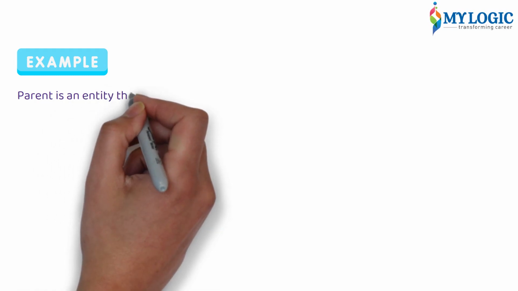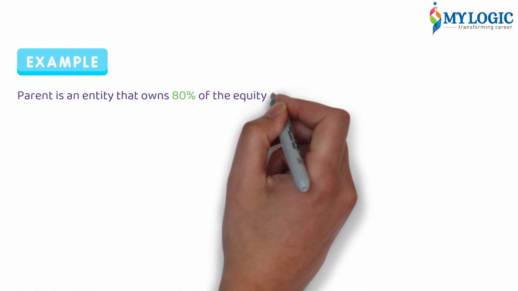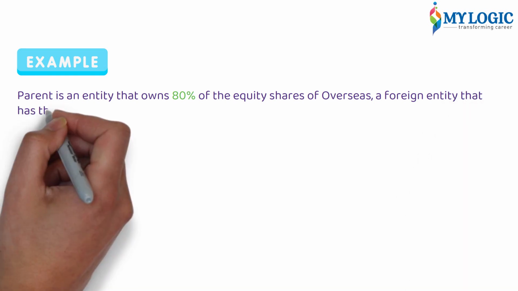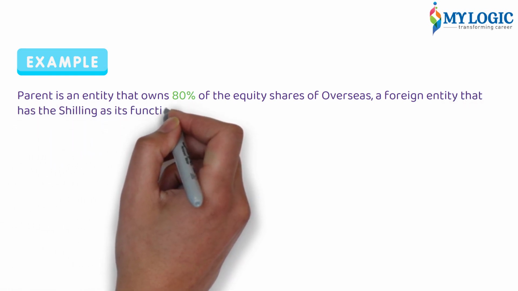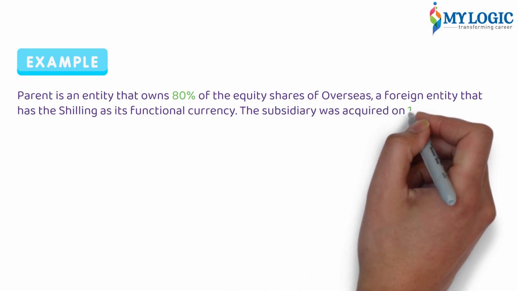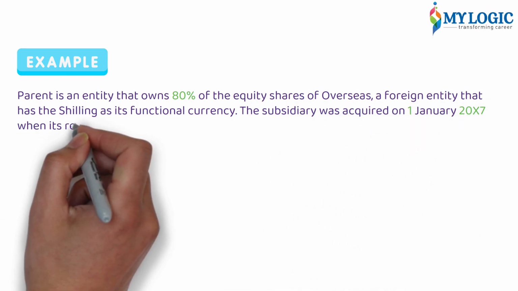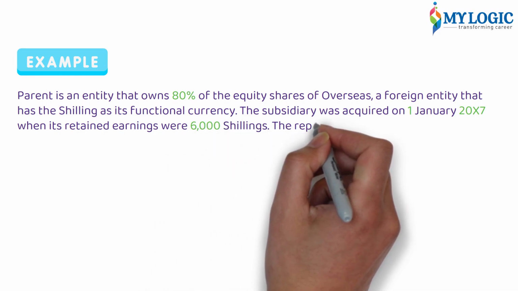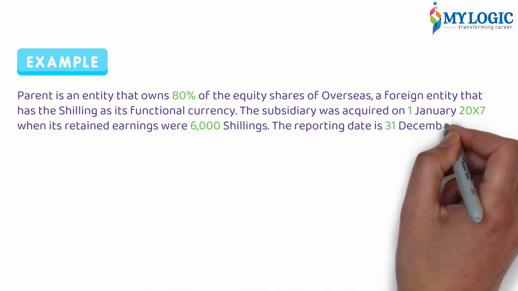Example question 1. Parent is an entity that owns 80% of the equity shares of Overseas, a foreign entity that has the shilling as its functional currency. The subsidiary was acquired on 1st January 2017 when its retained earnings were 6,000 shillings. The reporting date is 31st December 2017.